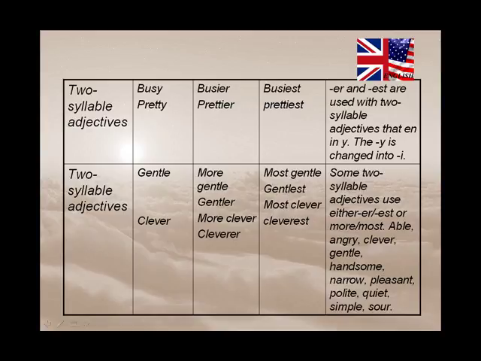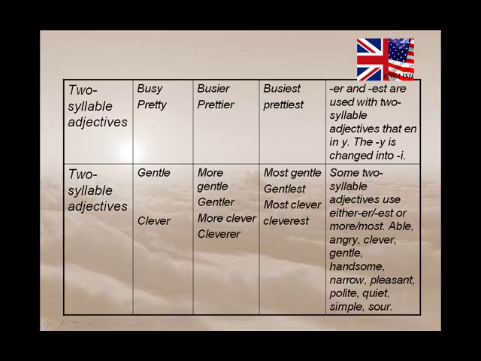Here we have this case: busy, you say busier, not more busy usually, busiest. You say pretty, prettier, or prettiest. Well, they can use both, but usually they use the -er ending.